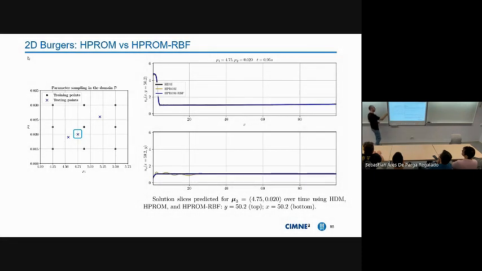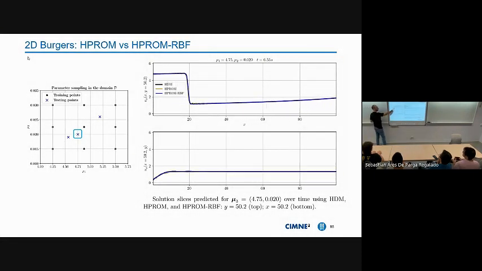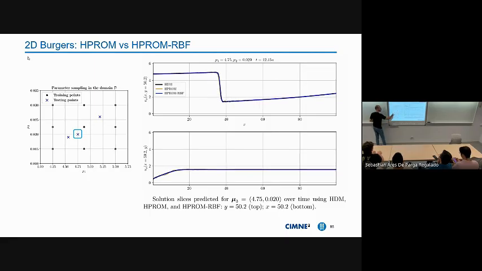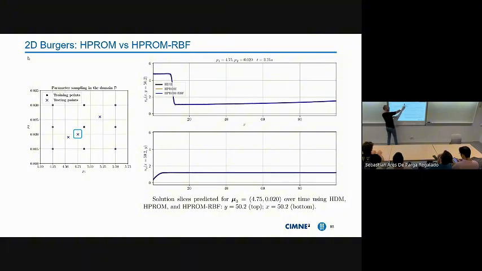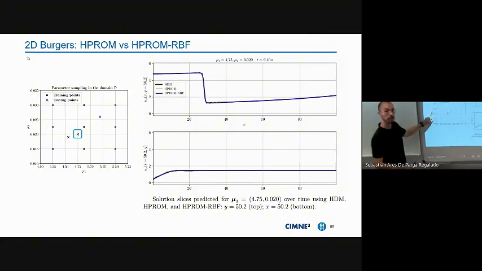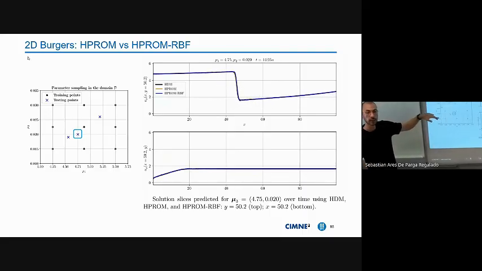In this case, the training points are these 9 points, and we have some testing points. What we are varying here is both the inlet velocity, or the starting velocity of the shock wave, and also another parameter. So it does generalize very well.